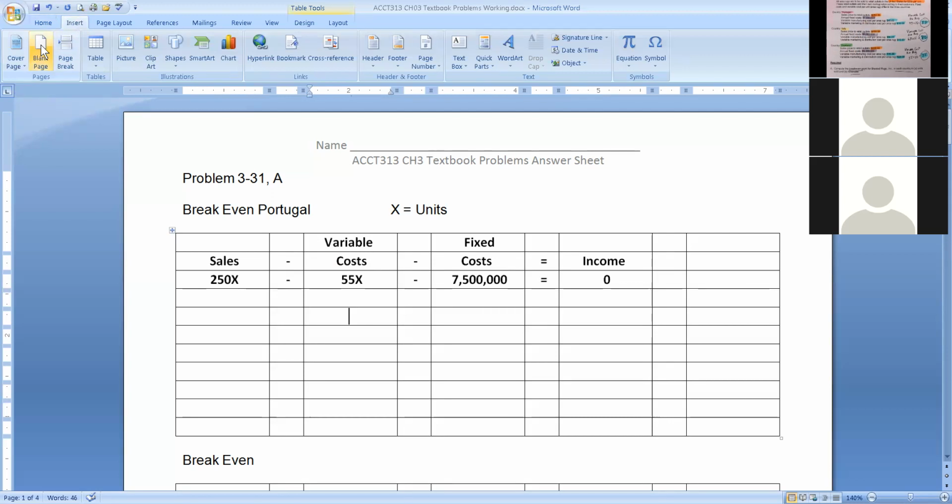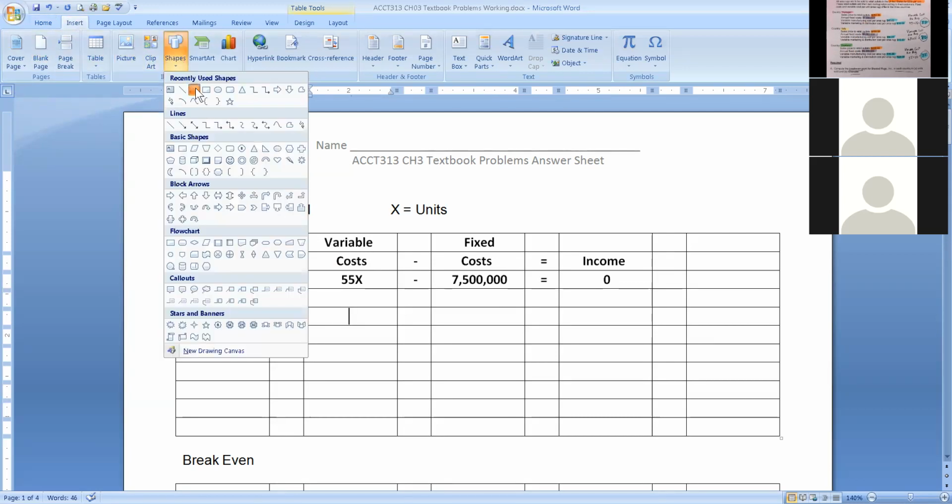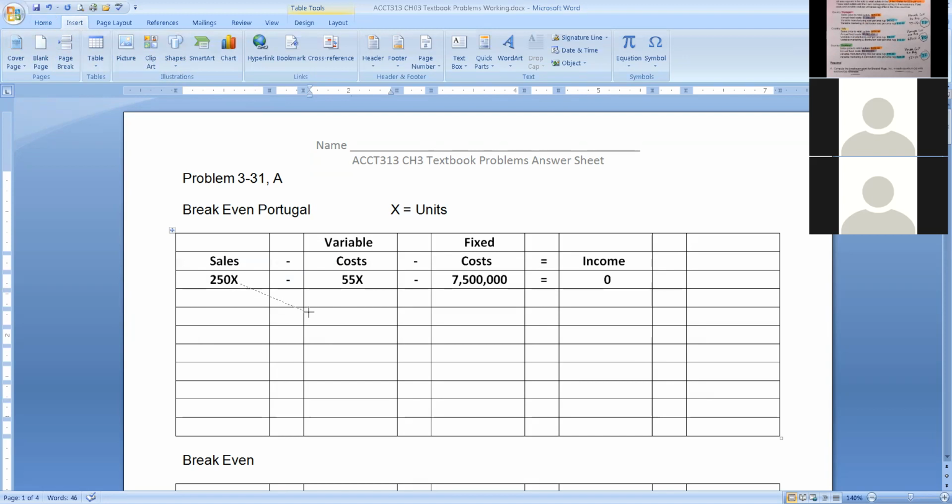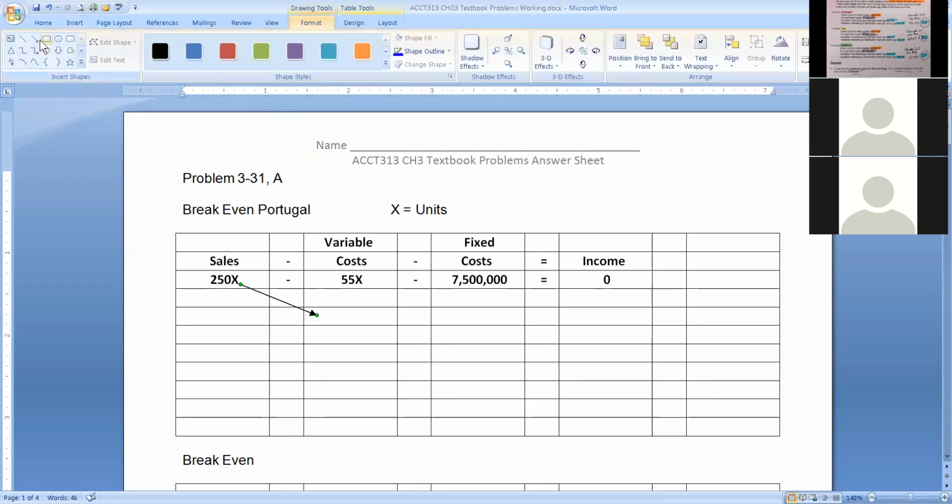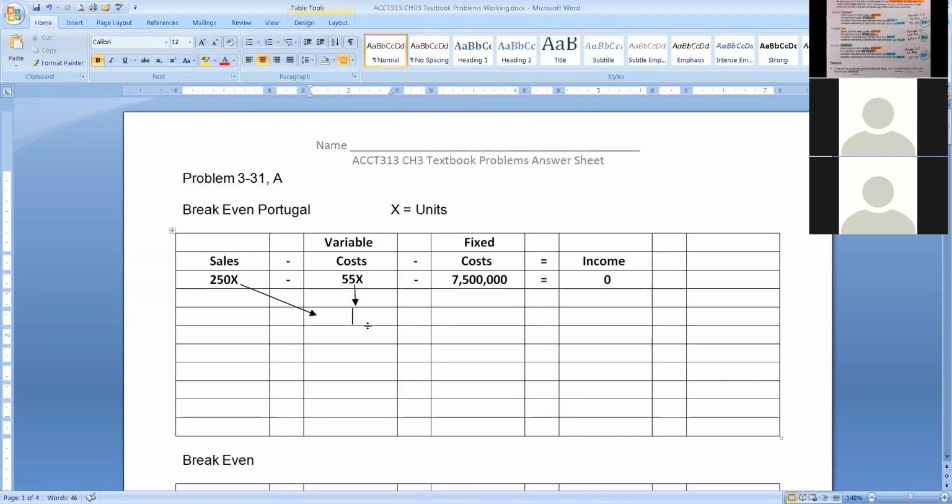Okay, so 250x minus 55x is, what is it, 195x. Hey, where's my calculator? Oh, there it is.